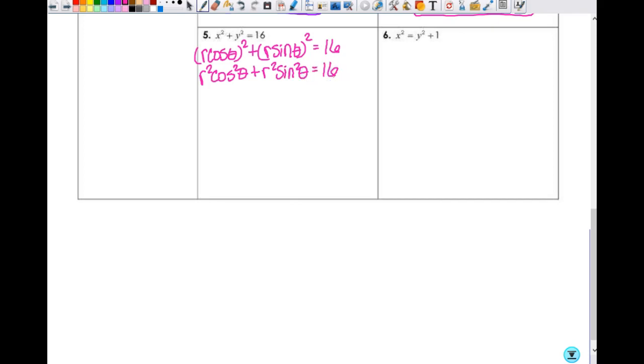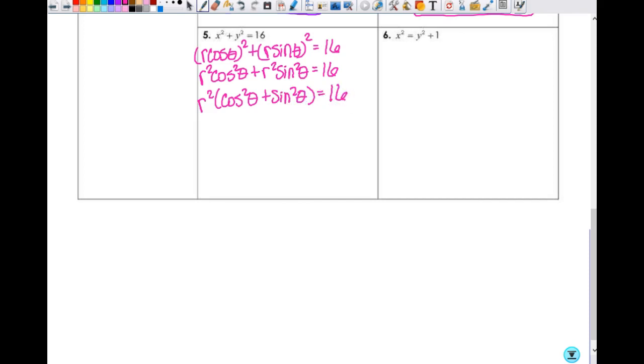Now remember, our goal is to solve for r, and so I have two terms that have r's in them, and I cannot combine those two terms. But what can I do on the left-hand side? Factor out the GCF. So r squared times cosine squared theta plus sine squared theta equals 16.